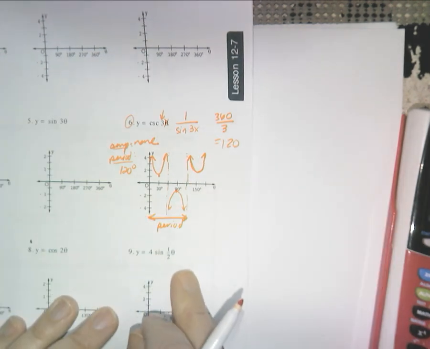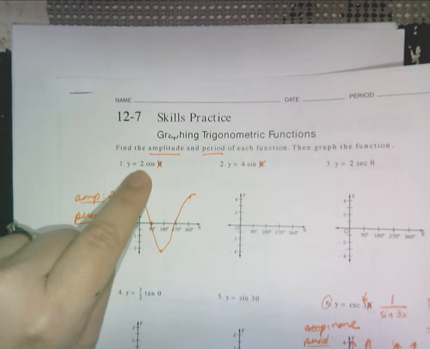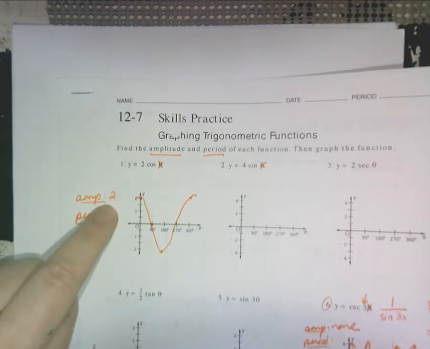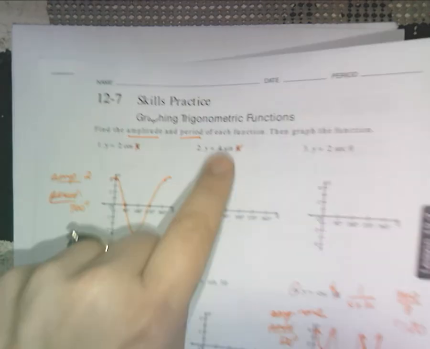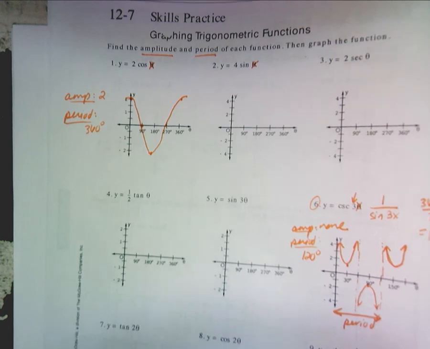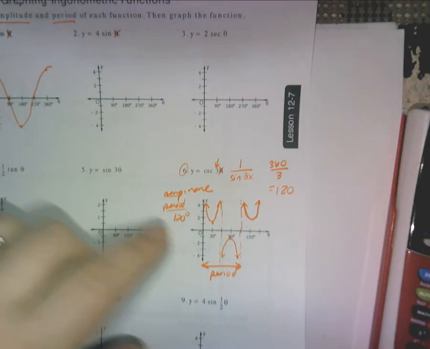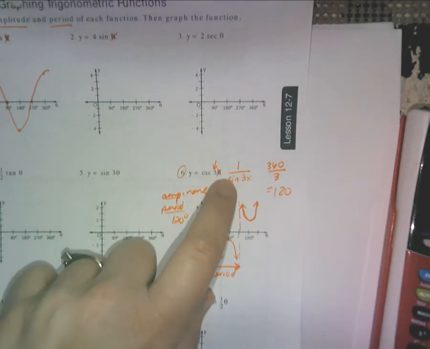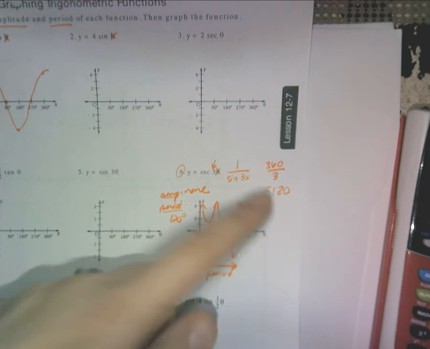And that's what you have to do. This number in front is your amplitude. Always. Except for tan, obviously, because tan doesn't have an amplitude. Neither does secant.